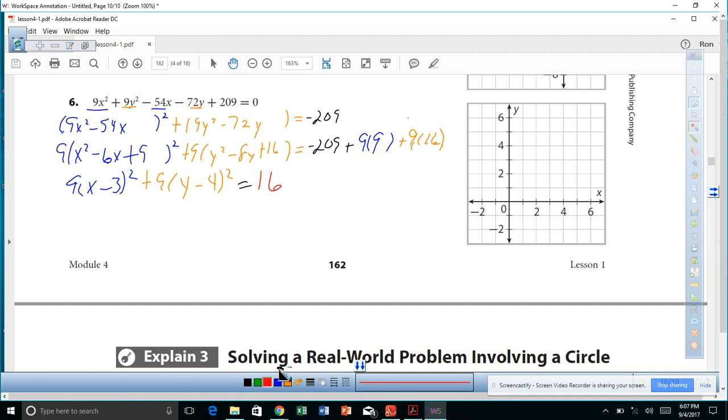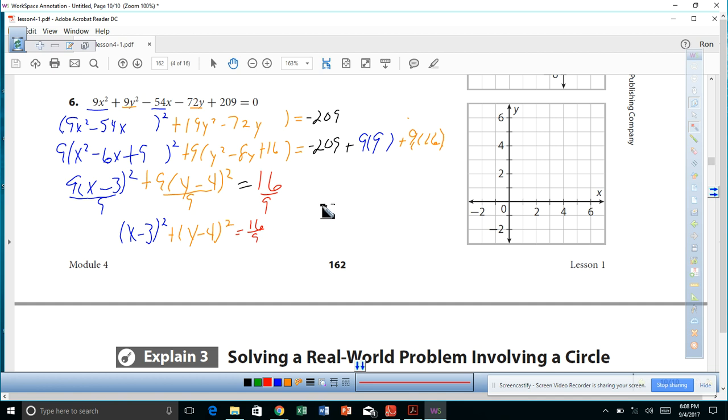Okay, so now I want to divide this by 9, and I want to divide that by 9, which means I got to divide this by 9. And I'm going to end up with x minus 3 squared plus y minus 4 squared equals 16 over 9.